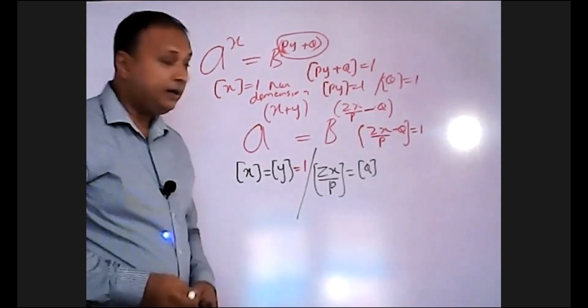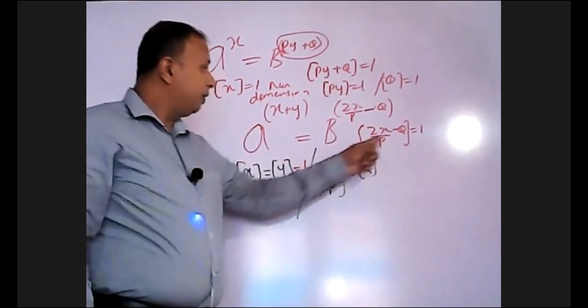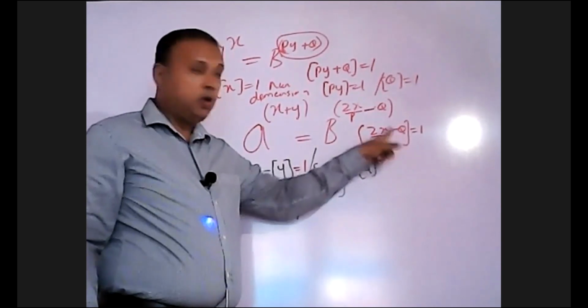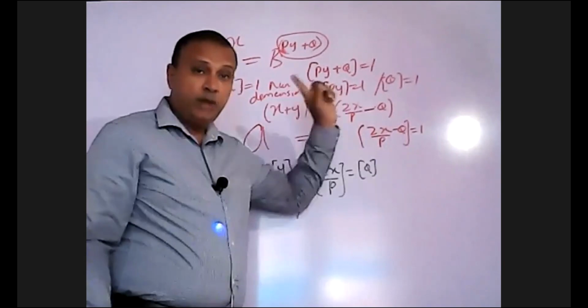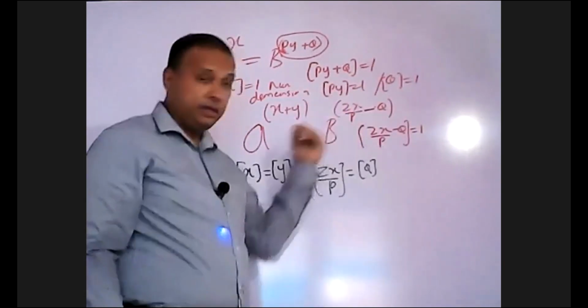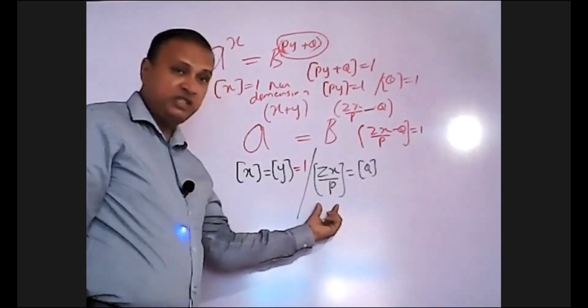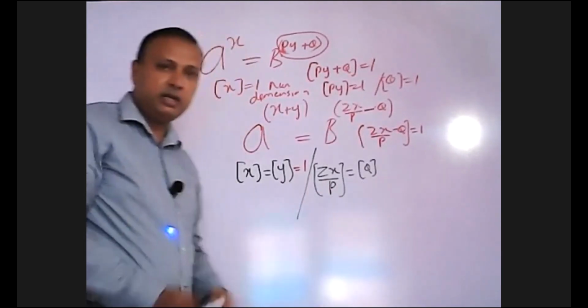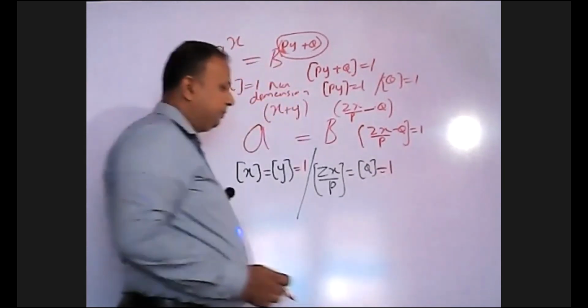Then we can consider our second factor here again. There is a minus sign, so the physical quantities combined with this minus sign should have the same dimension, and the entire thing doesn't have a dimension. So these physical quantities do not have dimensions.